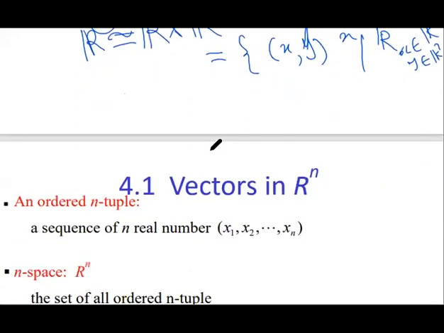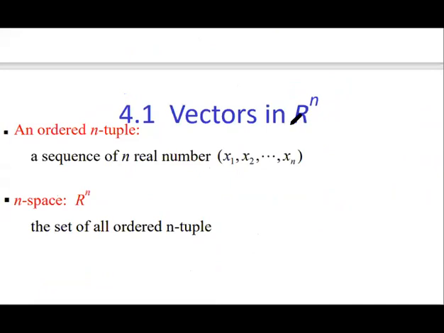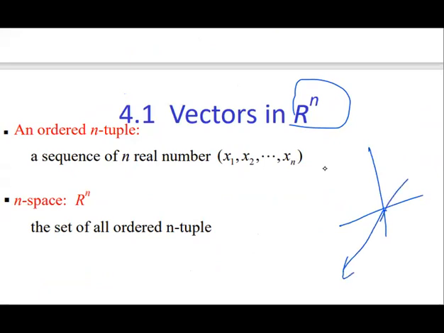And you can show that this one is also a vector space. If you consider n dimensions, that means you have n number lines. If you have 3 number lines, x, y, z, this is 3 dimensions.